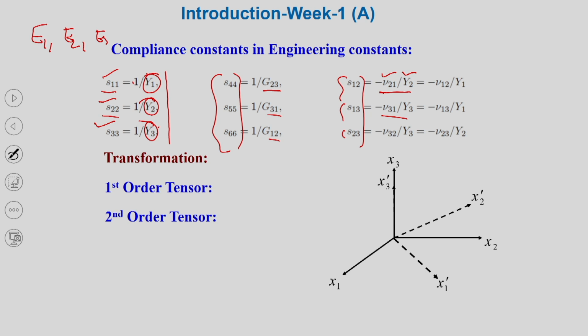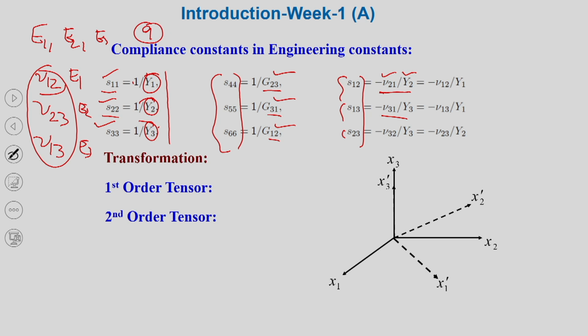But for the case of orthotropic materials, mu12 is an independent constant, mu23 is an independent constant, mu13 is an independent constant, like E1, E2, E3, then G23, G31, G12. So, 9 independent constants. If you know E1, E2, you can obtain S1, S2, S44, S55, S66 and so on.